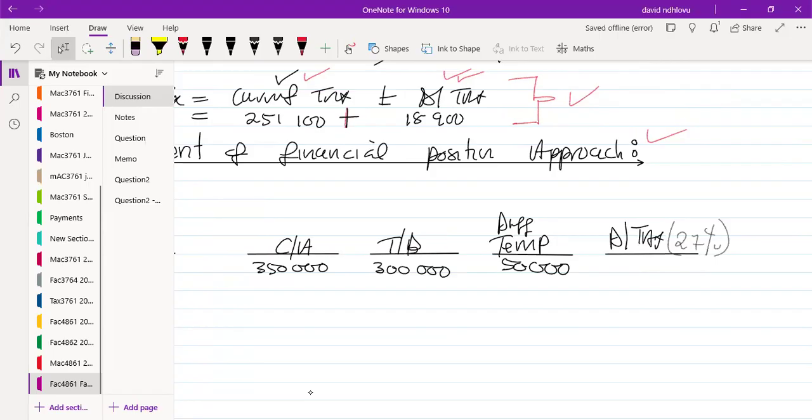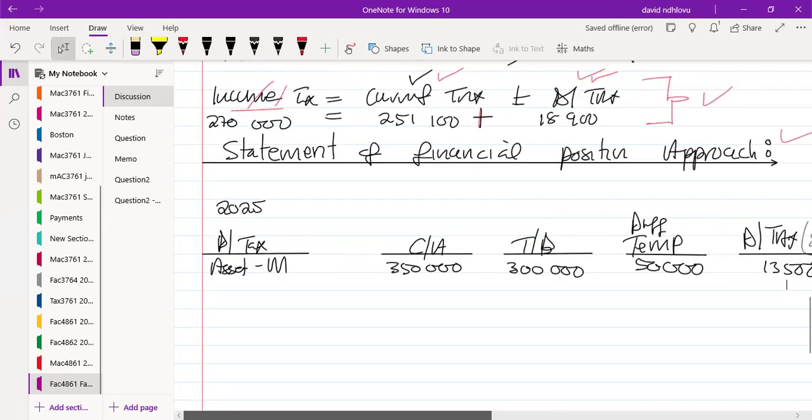We say 50,000 times 0.27, and we get an amount of 13,500. So you'll be done with your deferred tax calculation as far as the machinery is concerned.